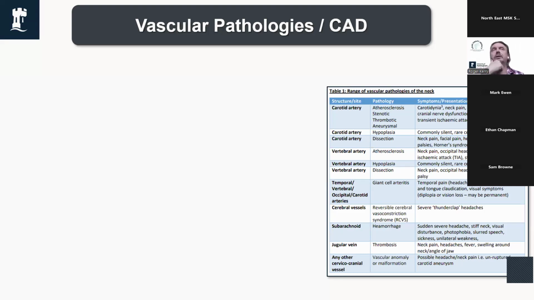As I've said, that's not the story anymore. If you were taught something like this, a patient comes in, you wonder if they've got VBI. VBI is not a thing. It's something that was made up in the 1950s and 60s to make physio sound a bit clever. It's not a diagnosis. It's not a condition. It's not pathology. It's a unicorn.